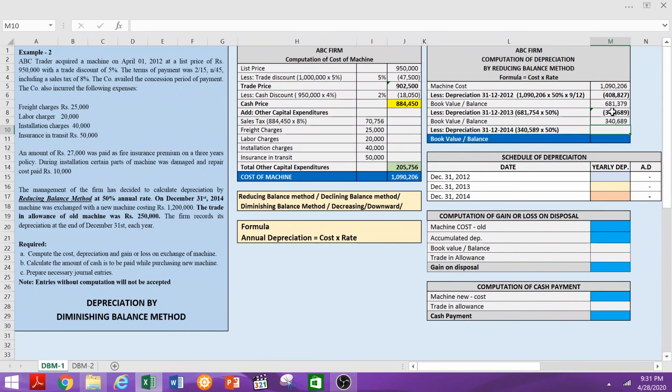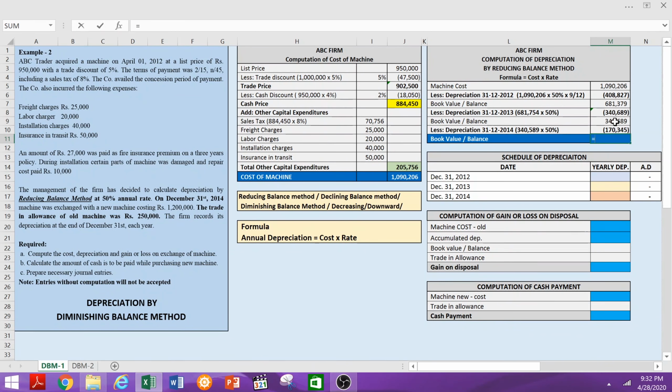Now how can depreciation be computed for the year ended December 31st, 2014? Again, take the book value of the preceding year, that is December 31st, 2013, and calculate 50%. The rate is already given to us in this example. So the depreciation is calculated for the period December 31st, 2014.